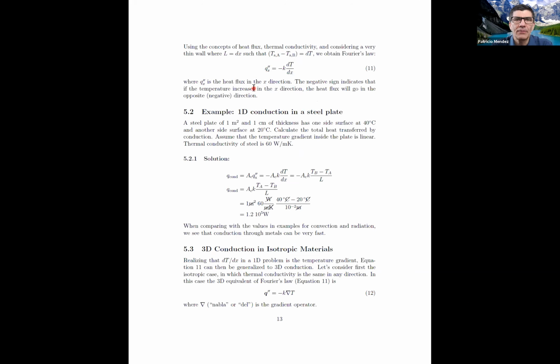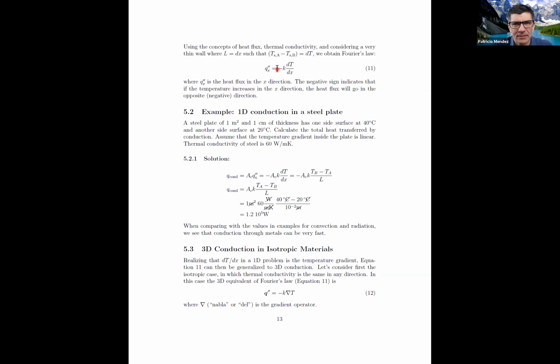And there is another difference. While the other heat fluxes we have discussed so far come out of the surface, in the case of conduction, it has three directions in which it can move. It's actually a vector. So the expression we have here is the heat flux by conduction in the x direction. We mentioned this minus sign is very important because it says that heat moves in the direction that the gradient decreases.